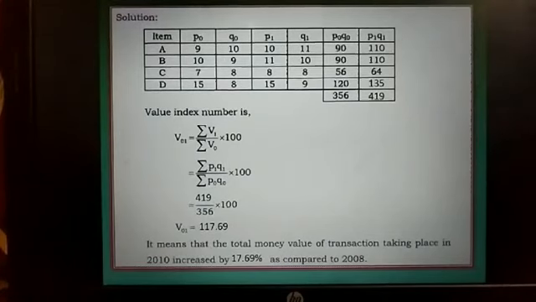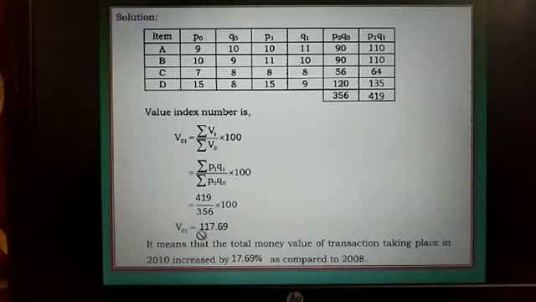Here it means that the total money value of transaction taking place in 2010, 2010 is current year, increased by 17.69%, because here 117.69 we have got as the answer. 100 plus 17.69.